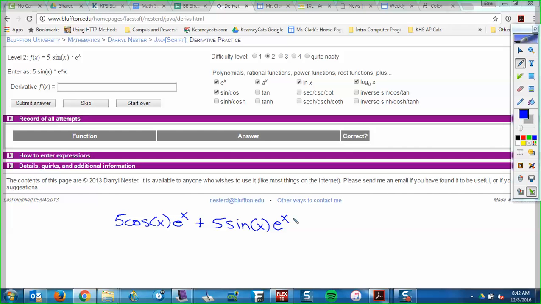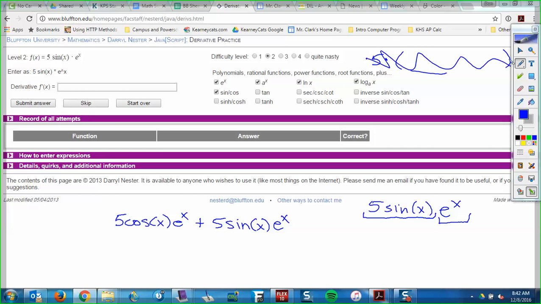Now, a little comment here. If I have the function 5 sine x e to the x, I'm just connecting that 5 with the sine. Did you do that? Instead of saying the 5 just hangs out there, you could have said the 5 will just hang out there, and then I have to do a product rule, but then you've got to distribute and all that, right?